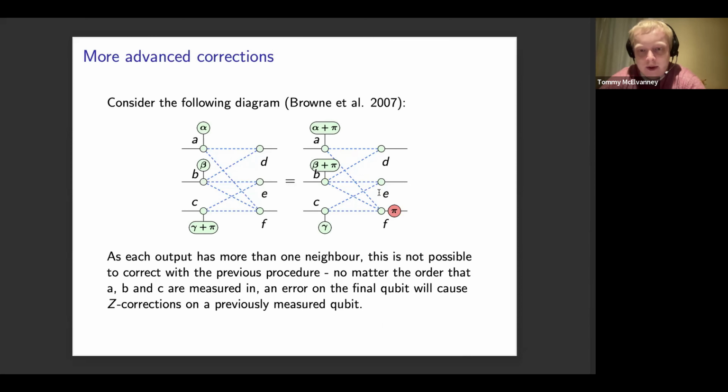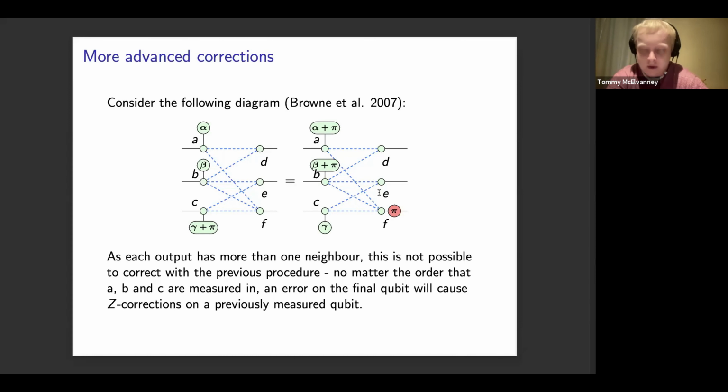But yeah, when we do focusing, a focused G-flow is essentially when we've pushed all of the green pies as far into the future as we can. So in a focused G-flow, XY measured vertices only obtain red pi corrections.